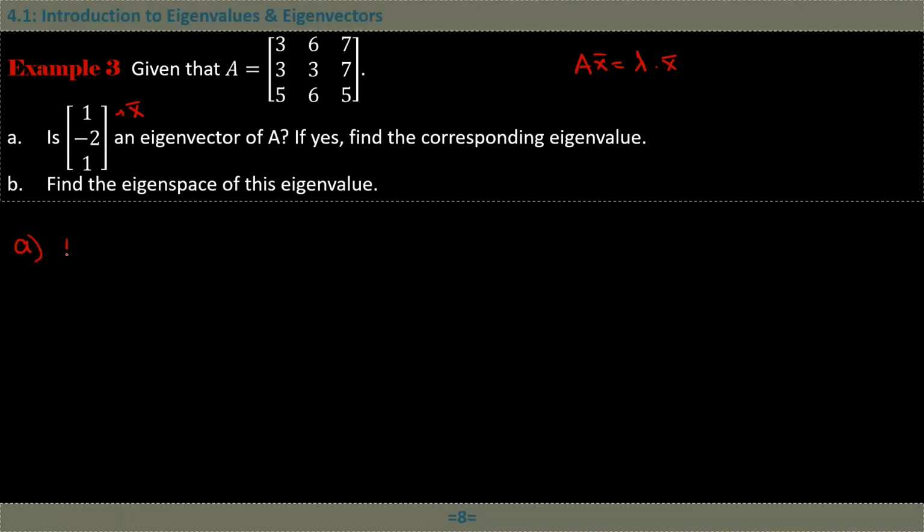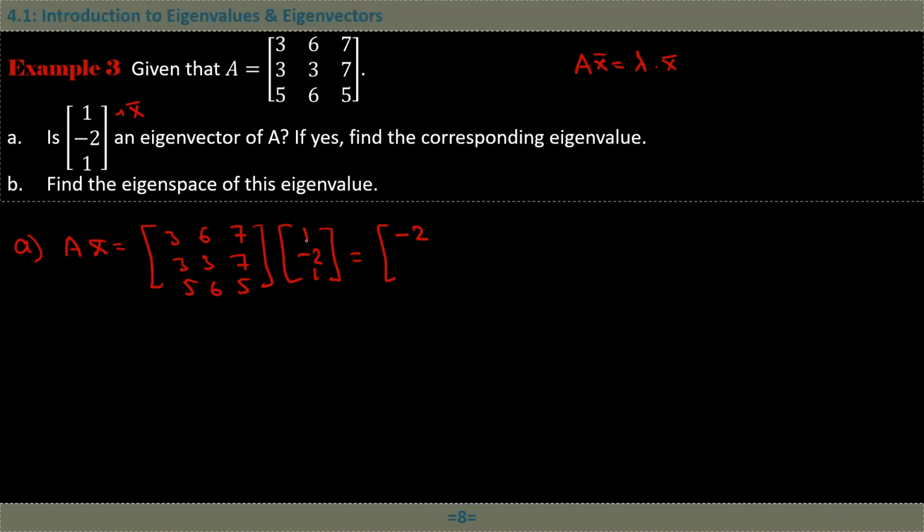So here we have A times x, which is the matrix with rows 3, 6, 7; 3, 3, 7; and 5, 6, 5, times our vector 1, negative 2, 1. That equals 3 times 1 is 3, 6 times negative 2 is negative 12, so it is negative 9, plus 7, it is negative 2.